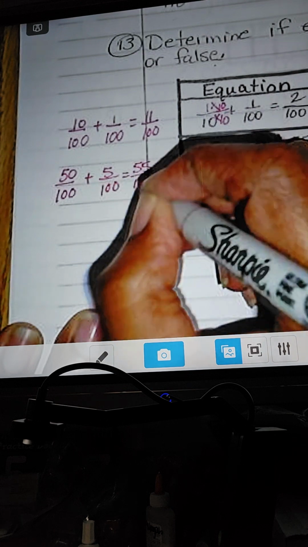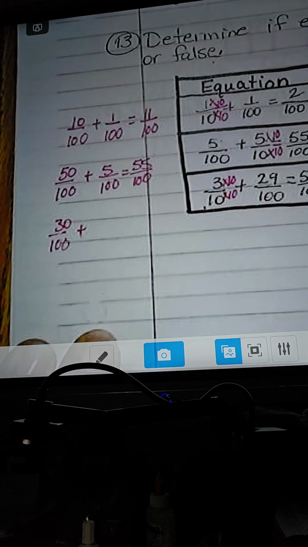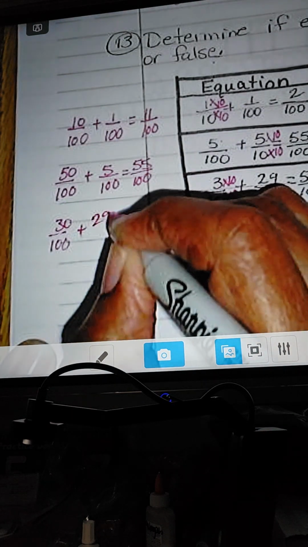Thank you. And the last one, 3/10, and I know I've got to multiply by 10 over 10 to get 30 hundredths plus 29 hundredths equals 59/100. All right, so now we can mark true or false.